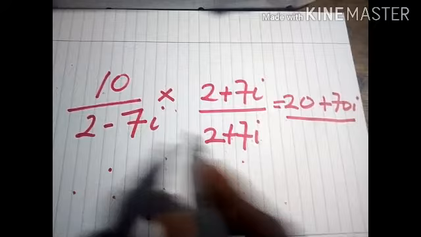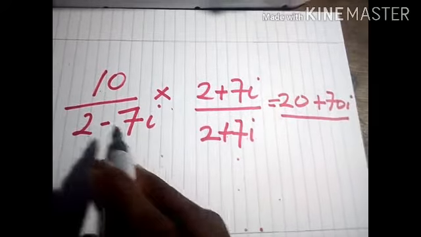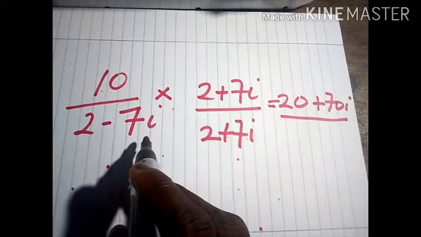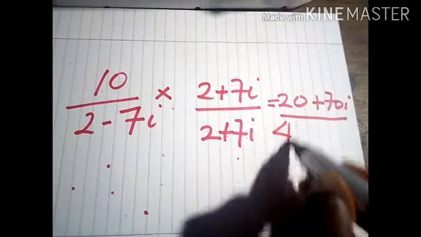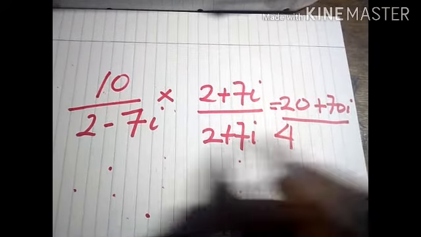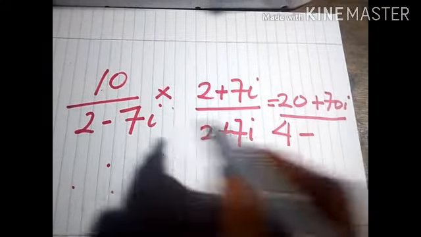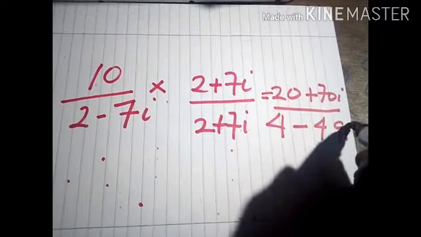2 minus 7i, 2 plus 7i, just the difference of two squares. So we have to take the square of this and the square of this. So basically 2 squared will be 4 minus 7i squared will be 49i squared.